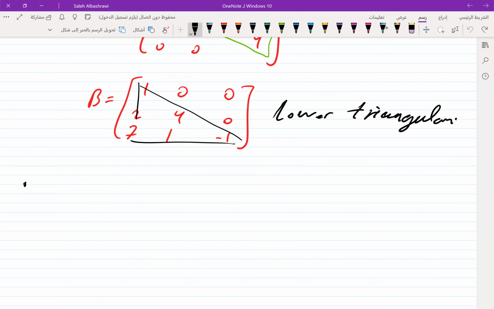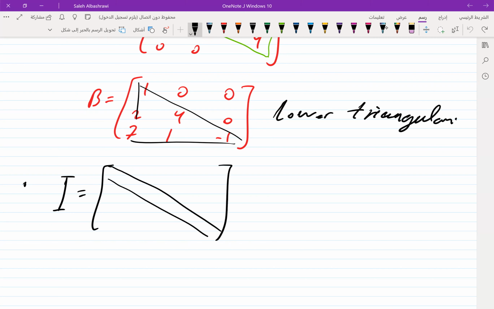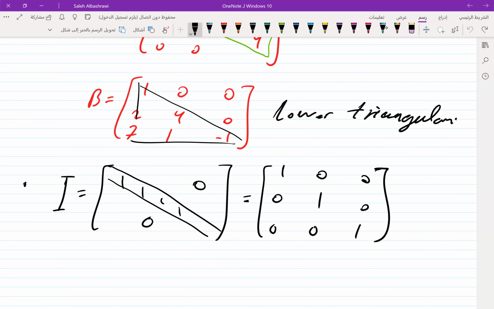And we have a special matrix, we call it I. That is if all the elements in the main diagonal are equal to 1 and 0 everywhere else. For example, 1, 0, 0, 0, 1, 0, 0, 0, 1. We call this the identity matrix.